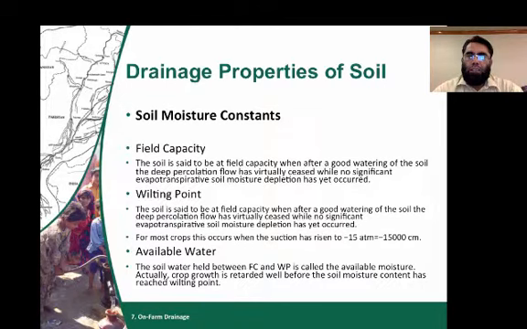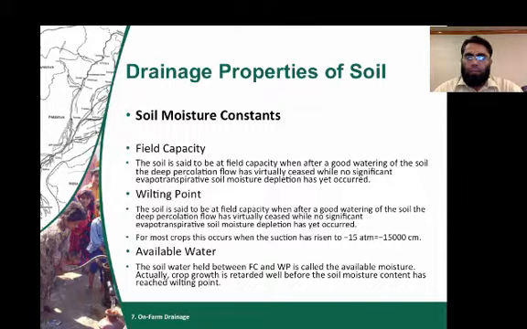Field capacity is basically a property of the soil, and the soil is said to be at field capacity when, after a good watering of the soil, the deep percolation flow has practically ceased, and no significant evapotranspiration of soil moisture has occurred. This normally happens 2 to 3 days after irrigation or heavy rainfall. Most soils reach their field capacity.